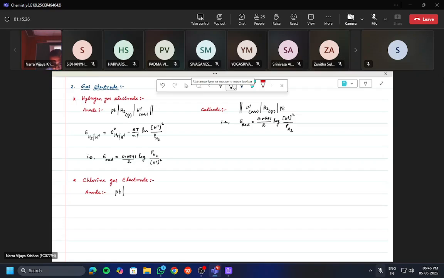Platinum, Cl2 gas, Cl minus aqueous, salt bridge. As cathode: salt bridge, Cl minus, interface, Cl2 gas, interface platinum. Right?